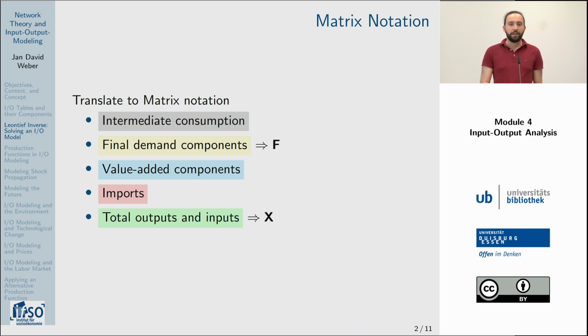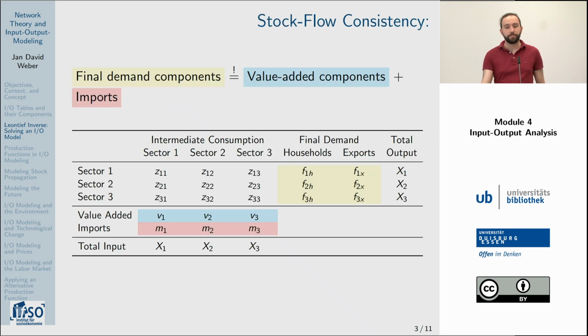We have value-added components, wages, profits that flow into the economy, or not flow into the economy, but actually allow the production of goods and services. We have imports. These are the things that flow into the economy. And we have total outputs and inputs labeled in X, which is the complete output that the economy is capable to produce.